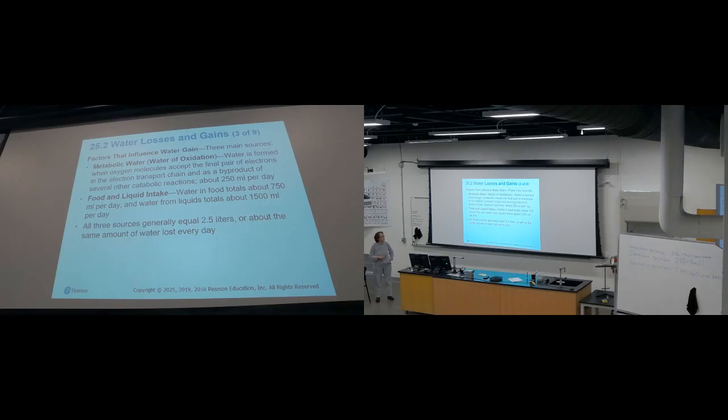But the water intake through food and liquid varies. As long as you ingest about 1,500 milliliters of water per day, that's supposed to keep up the balance. But if you over-ingest water, of course, you will lose more water.